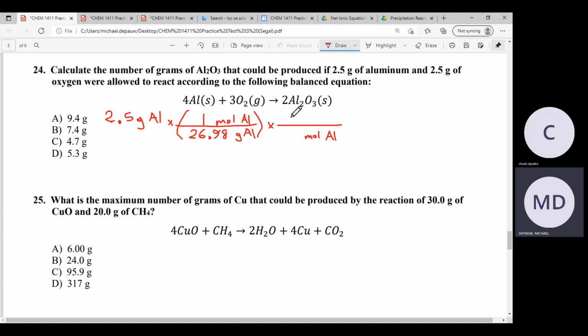So I have to go moles of aluminum to moles of something else. Now, you could convert to oxygen, and that's another way to do these types of problems. But the way I recommend is convert to your product, the same product. And in this case, the product is aluminum oxide. So I'm going to do that.